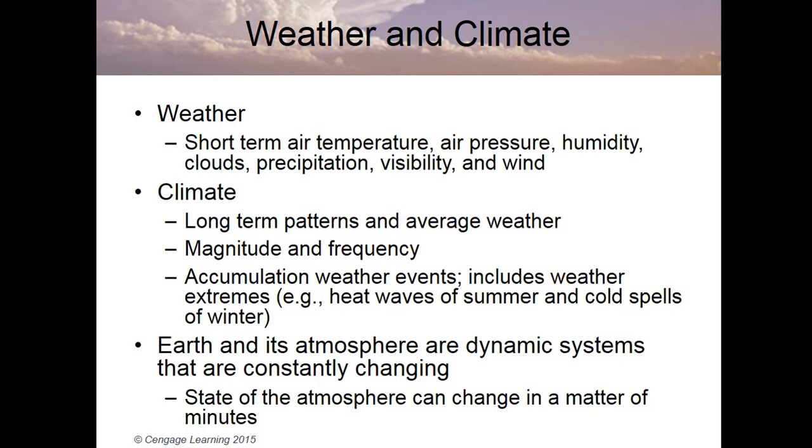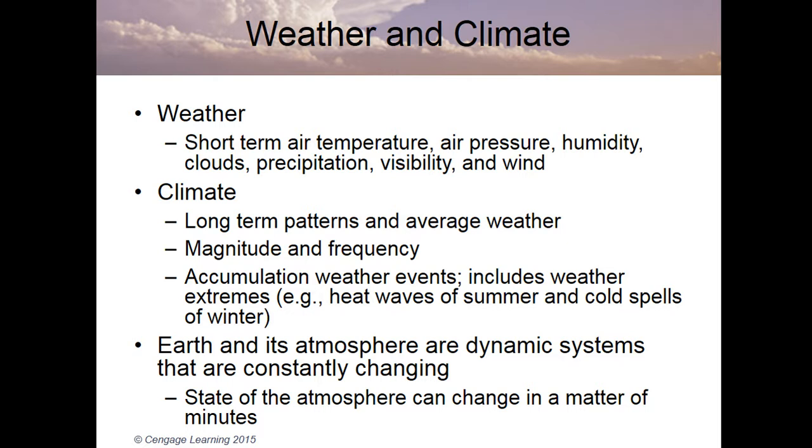These are aspects of the environment and the atmosphere that help to describe a region over long periods of time. So a desert isn't a desert for just a week or a month or even a year. It took thousands, if not millions of years to develop into that type of climate.